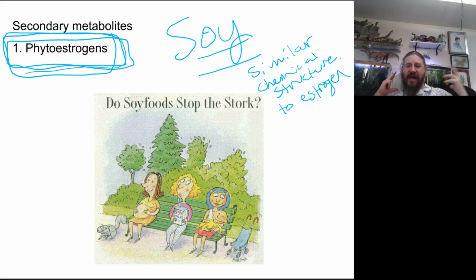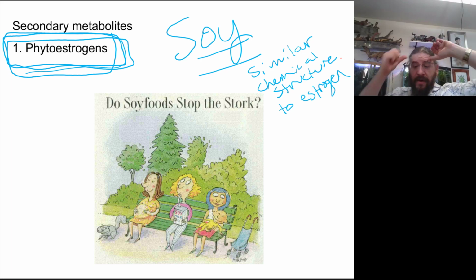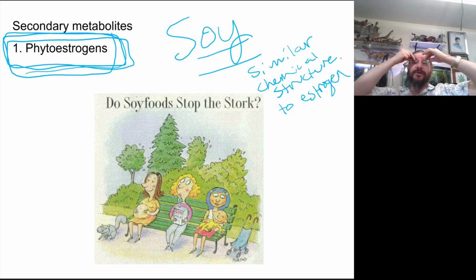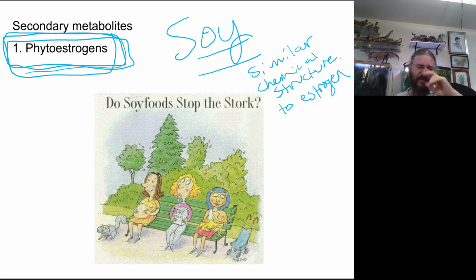There's a lot of correlational stuff that's interesting. There's a lot of blood tests that are like, holy crap, these phytoestrogen levels are through the roof. And then when you do actual longitudinal studies, we have found that the phytoestrogen effects in soy and other plants are nil.